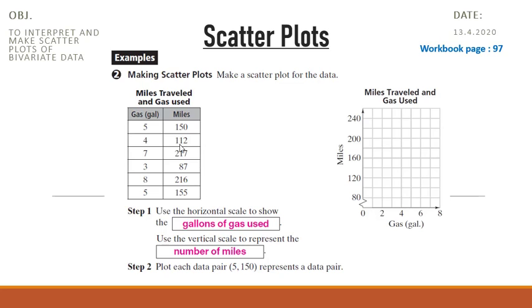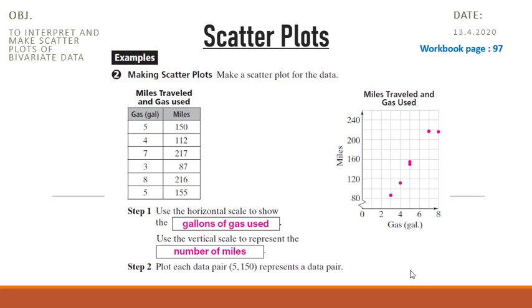And start to represent point by point. Plot first the point 5 and 150. 5 and go up to 150 and plot the point. And so on for the next points. Okay, guys? Be quick. Your graph should be like this. You have 1 minute.